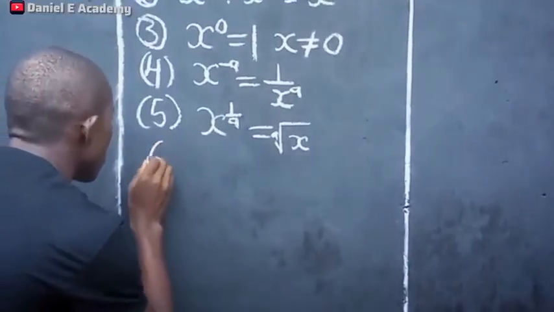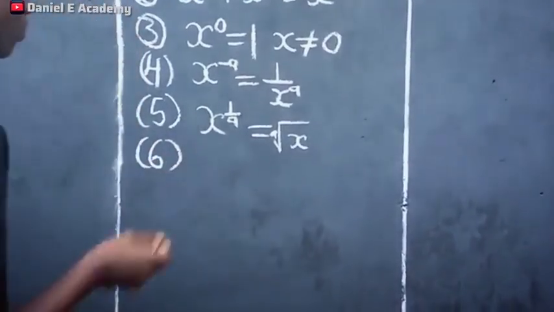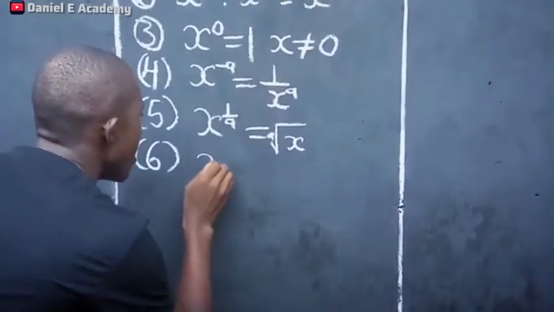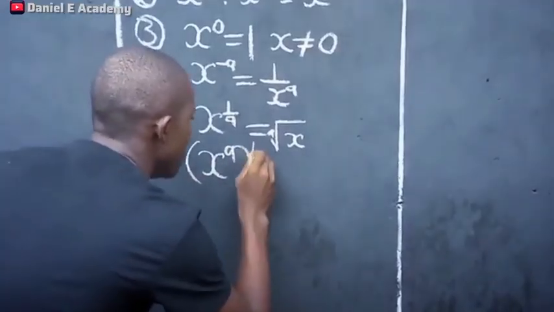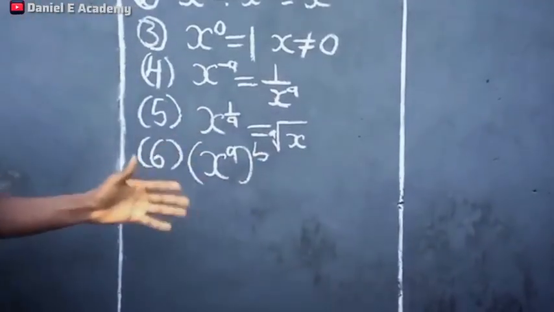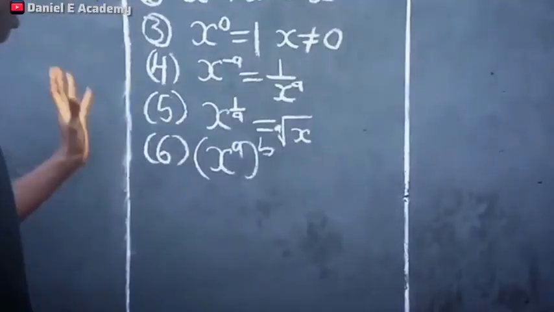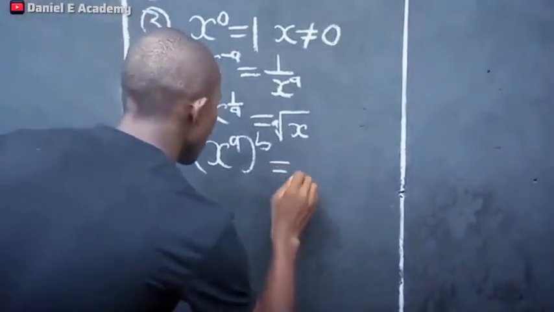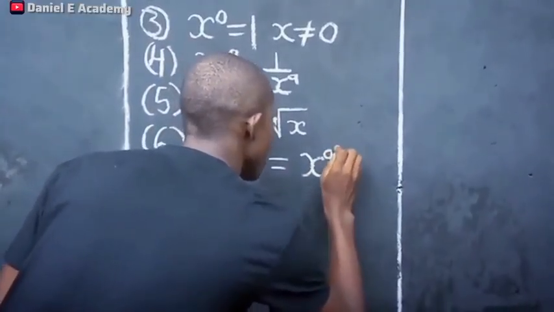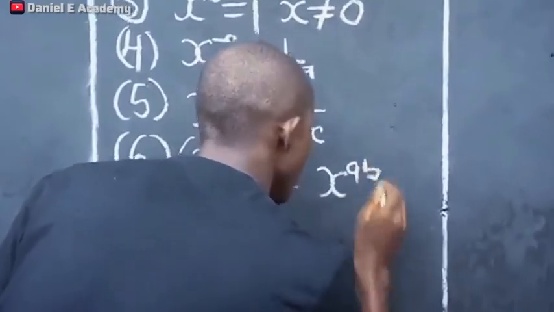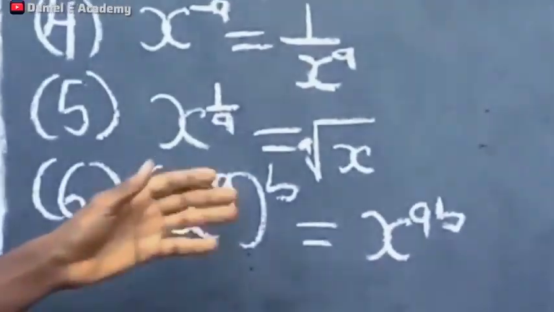Then the 6th law, x to the power of a, in brackets, to the power of b, gives us x to the power of ab.